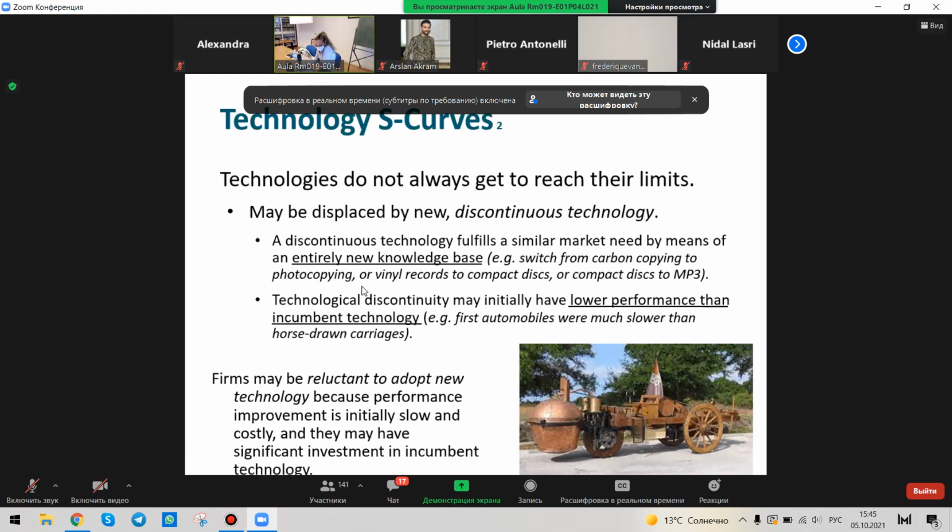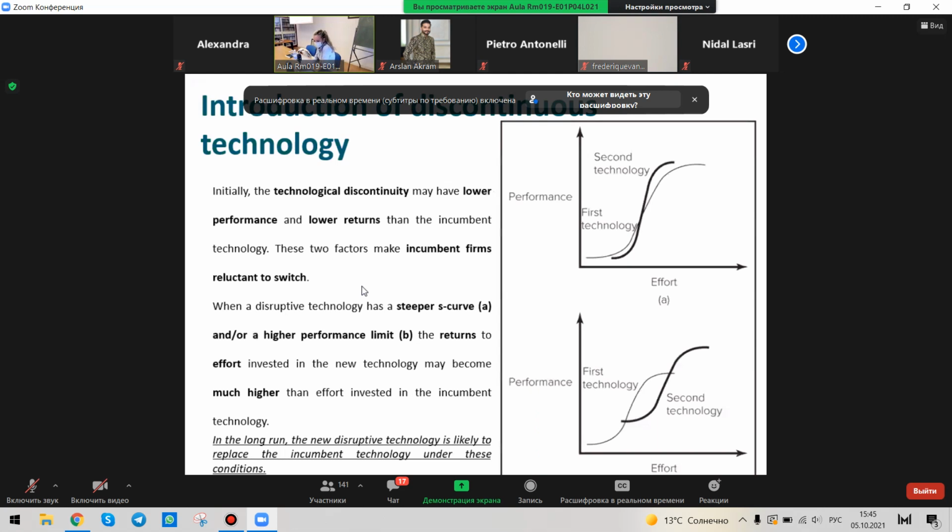So let's see what happens here when we have this discontinuity. Just to keep this standard representation, we may have two different representations of how a discontinuous technology can break the pre-existing technology.